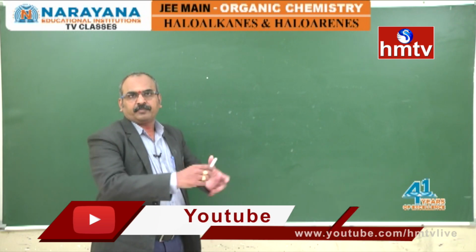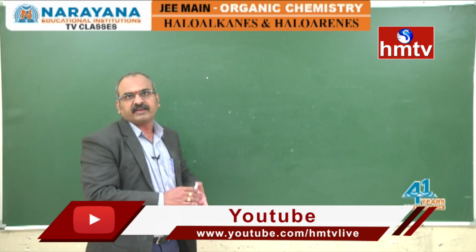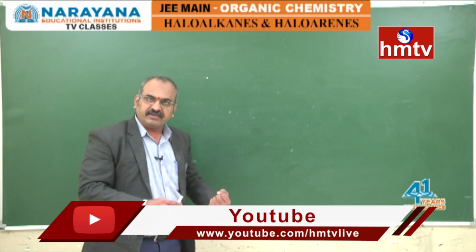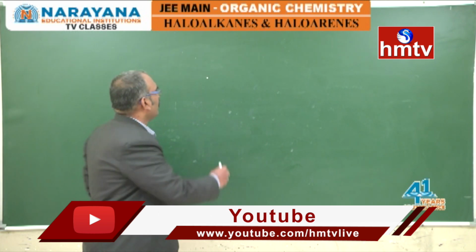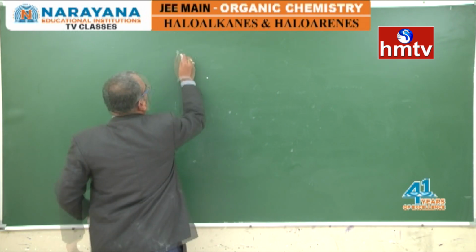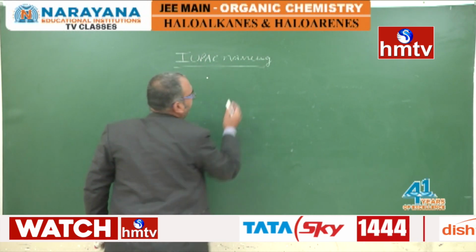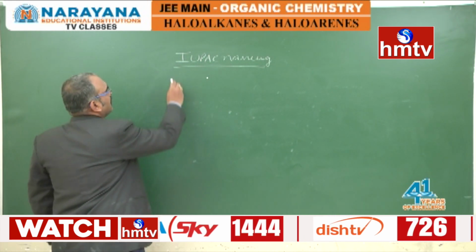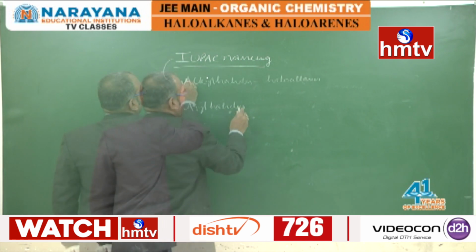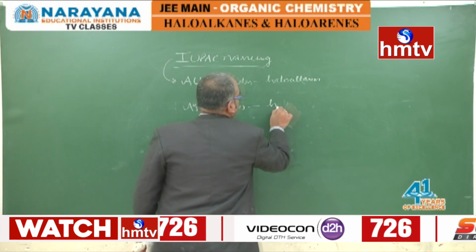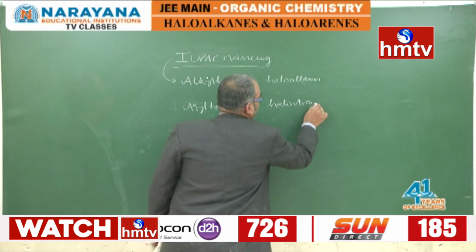Now let us take up the nomenclature part of the alkyl and aryl halides, that is systematic naming and common naming. So coming to our IUPAC naming, the alkyl halides are known as haloalkanes. Aryl halides are named as haloarenes.